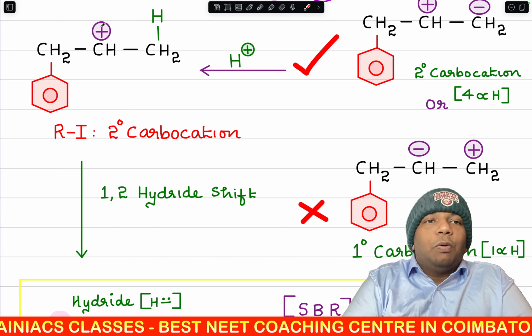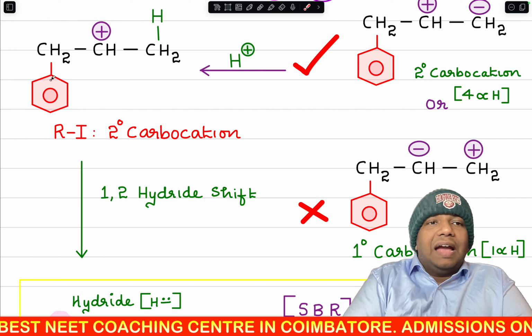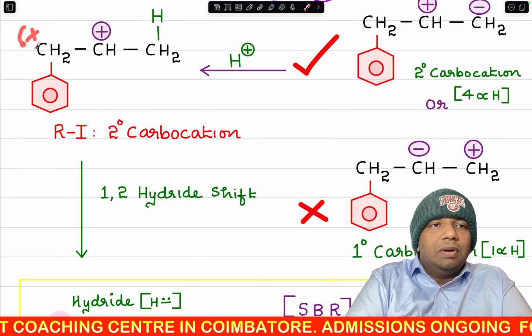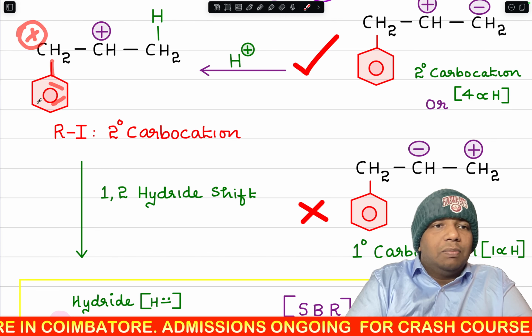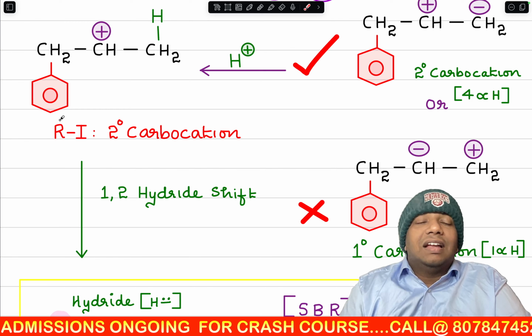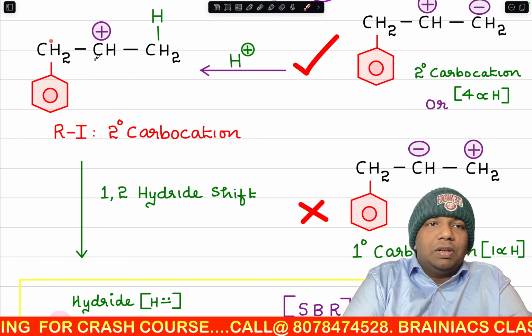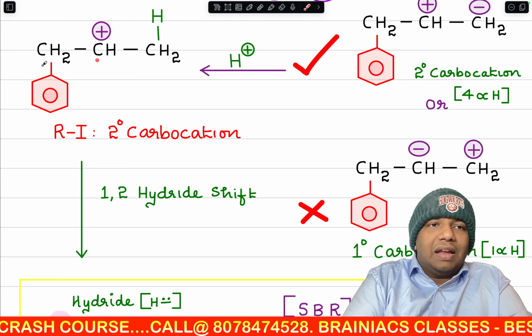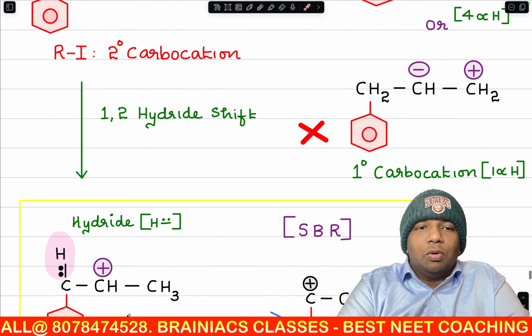But if the positive charge is coming to this particular carbon, what will happen? I can easily see positive, single bond, double bond, single bond, double bond, single bond, double bond. There is conjugation and I can say resonance is present. So I can easily say there should be a rearrangement between this carbon atom and this carbon atom. How that happens, that is what I am going to explain.